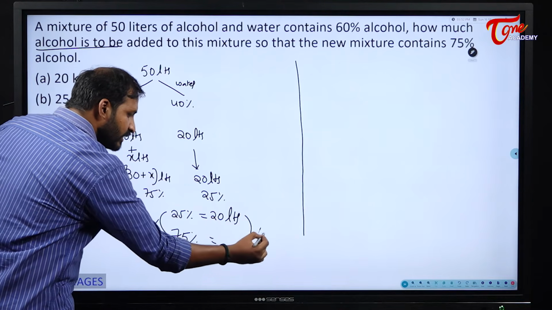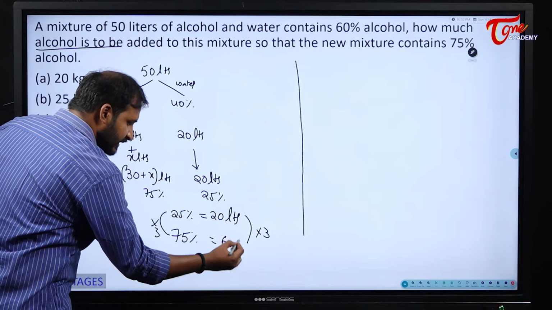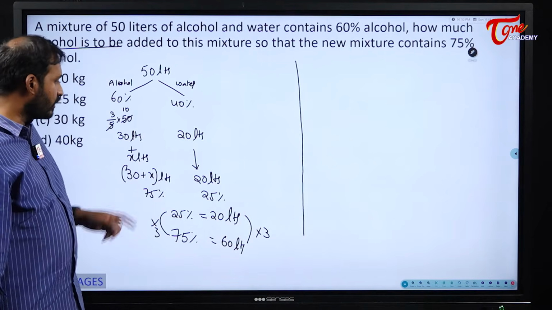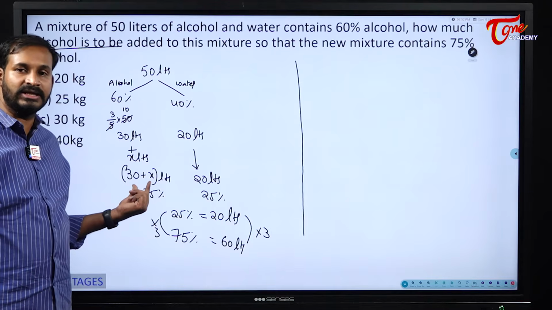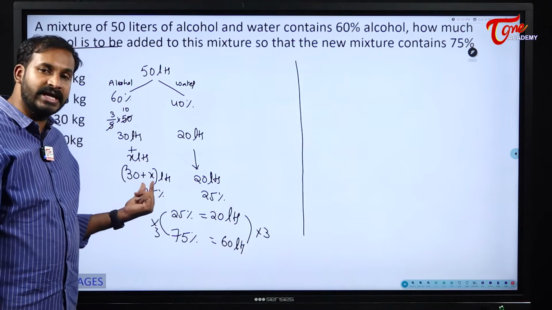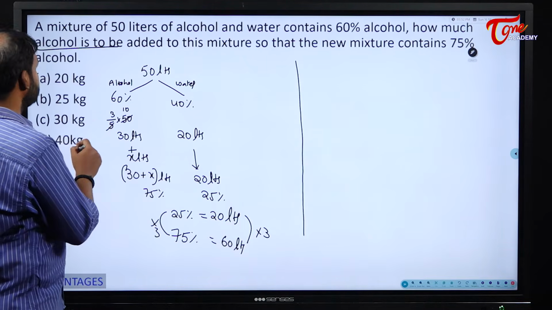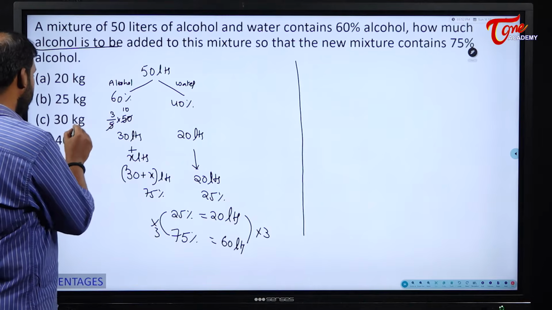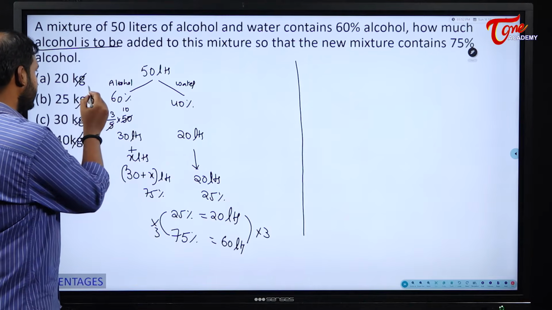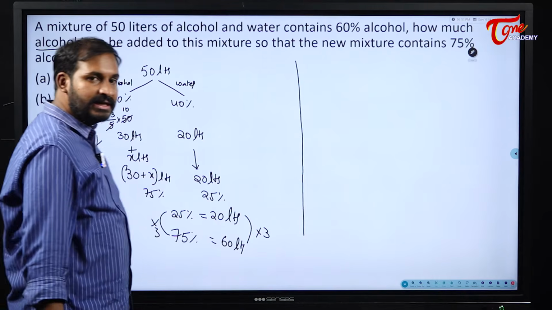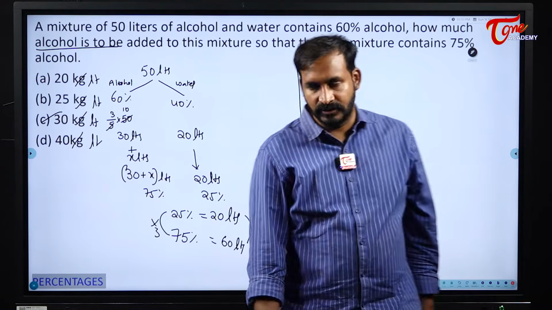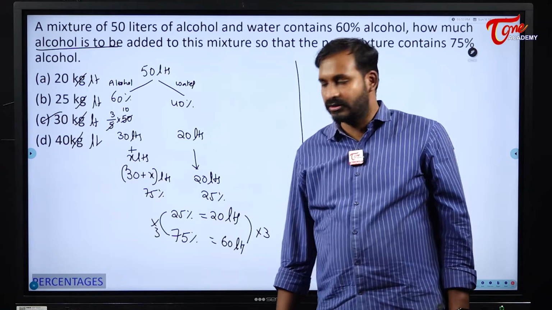So, here also into 3, this should be equal to 60 liters. This alcohol should be 60 liters. Already we know that alcohol is equal to 30 plus X. That means what will be my X value here? 30 liters. Students, this is mentioned in kgs, sorry, but these are liters. So, we need to add 30 liters of alcohol to this.